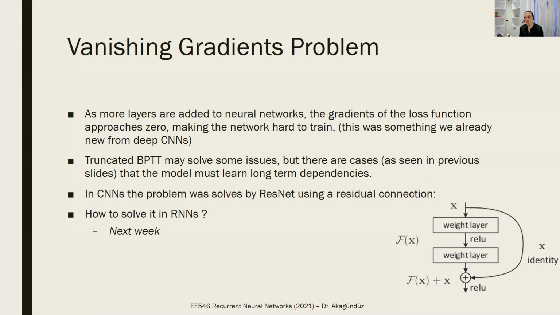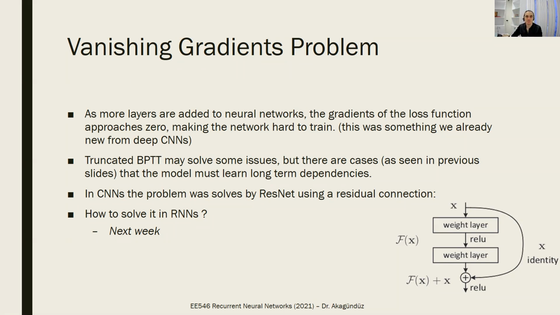We said that we were losing dependencies, because in a sequence, the information could be an element of the sequence which is farther than a previous part of this element of the sequence. And if you're truncating the sequence into small parts, maybe they are not fed to the network during training together. There is still knowledge when you overlap trunks and feed them, but you are losing some part of the long-term dependencies. That's what logic tells us.